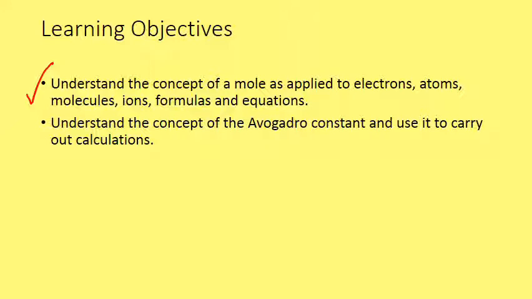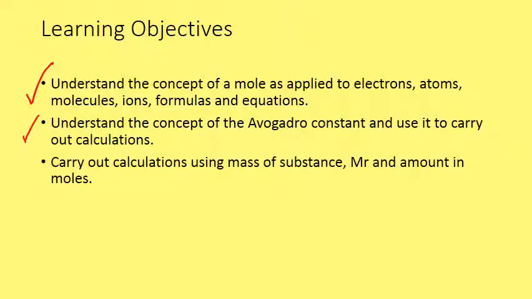And we calculated numbers of particles and such like. We carried out some calculations using mass of substance, Mr, and amount in moles. And you remember that equation, moles equals mass over Mr. That's the calculations we did with that equation.